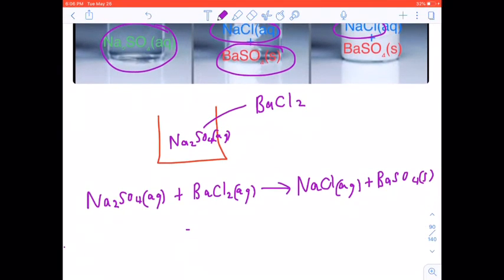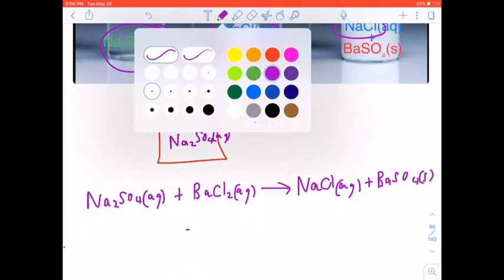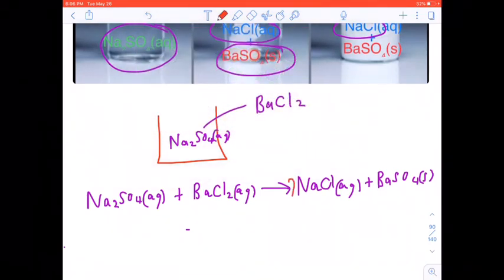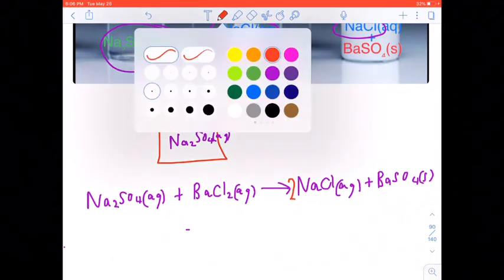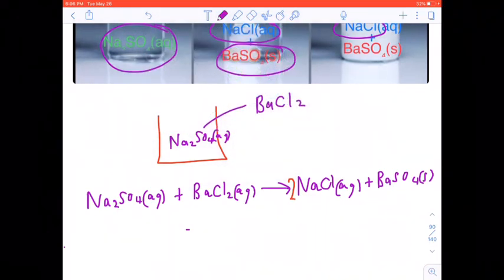If we want to balance this reaction, we have 2 Na, and 2 Cl on the right and 2 Cl on the left. Our bariums are balanced and everything is balanced. Now, that's our molecular equation.